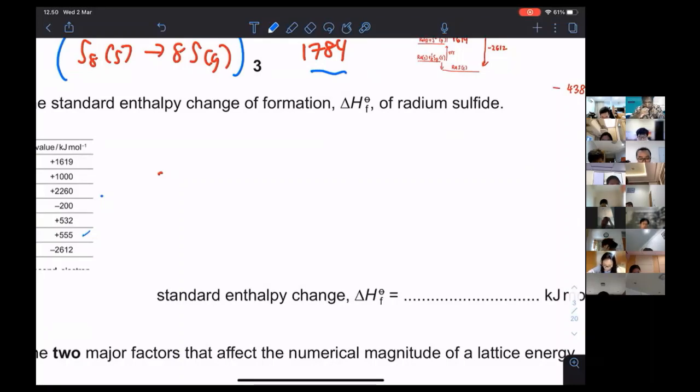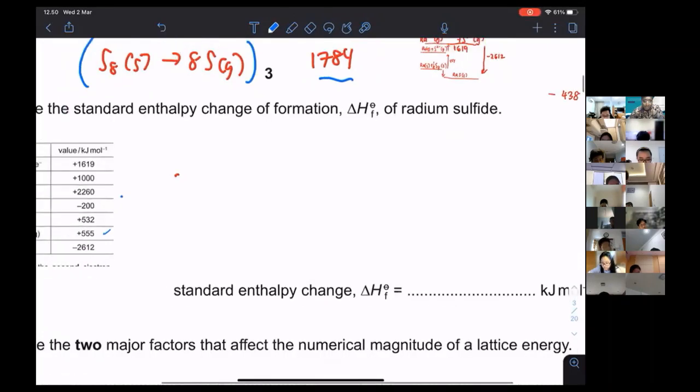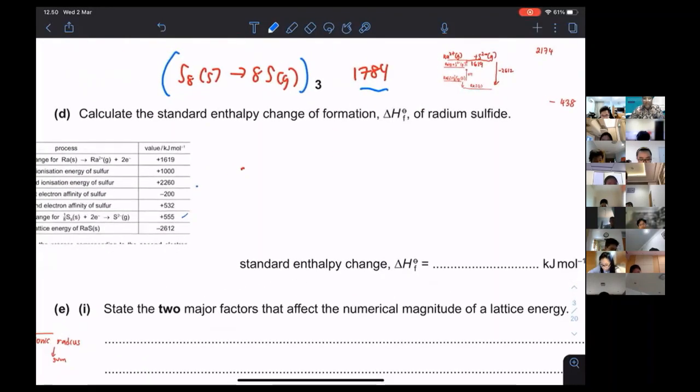So you do not need to follow it from the bottom, where you do the atomization, and then the first ionization energy, second no need, because there are going to be some shortcuts, similar to paper 1. You can use certain shortcuts over here. So if I look at it, it's going to be radium sulfide.